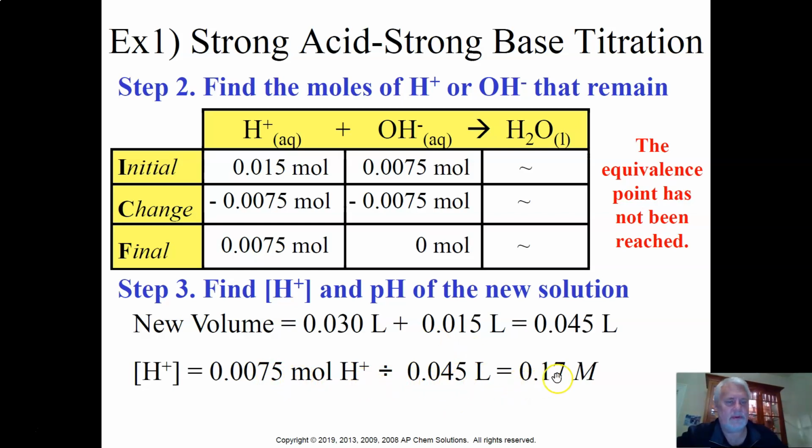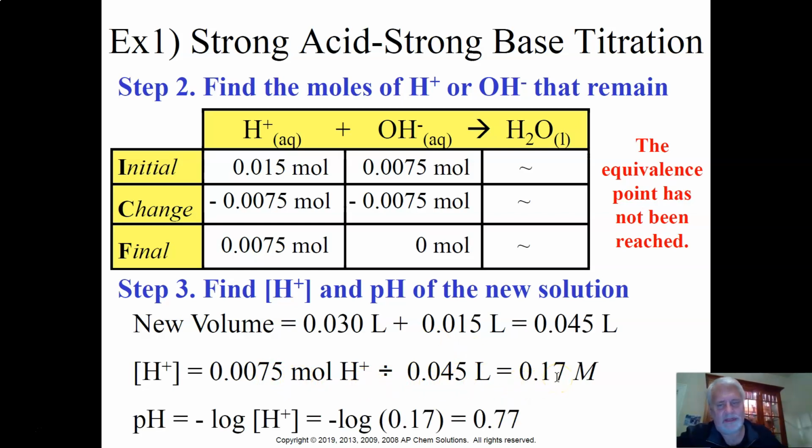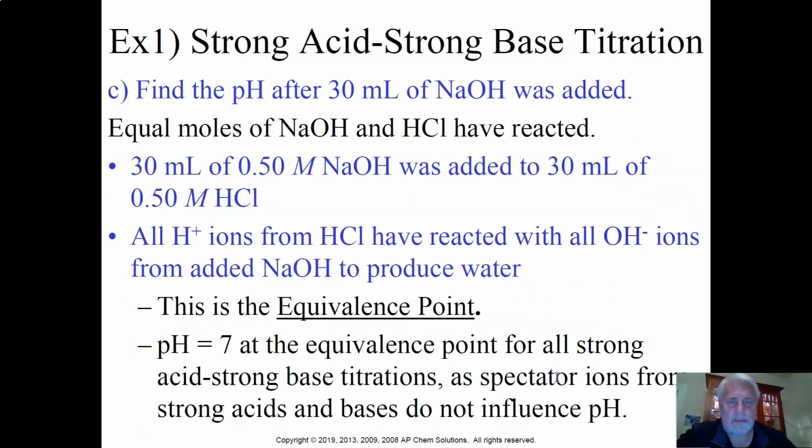So I have a 0.177 molar hydrogen ion, and you should be able to do this in your sleep right now. The negative log of 0.177 is 0.77. So that's the new pH after you've added 15 milliliters. Kind of a nifty little problem there.